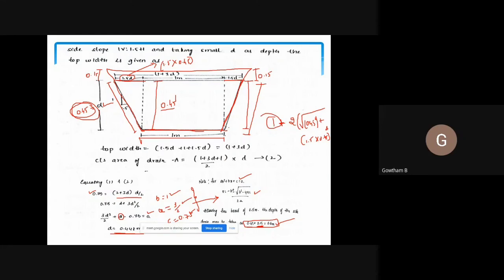In order to calculate this hypotenuse distance, I am just using the Pythagoras theorem. Hypotenuse square is equal to the sum of the squares of the other two sides. Therefore, this side will be 0.45 and this side will be 1.5 into 0.45. Since it is a square, I took the square root. Therefore, this will be the square root of 0.45 square plus 1.5 into 0.45 whole square.